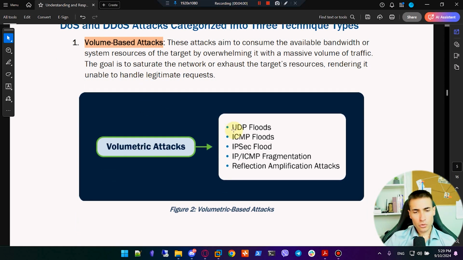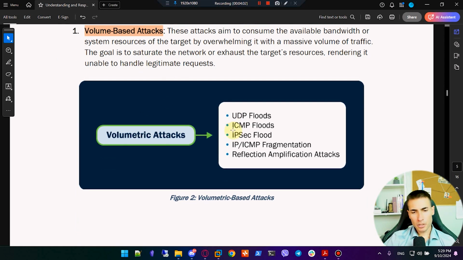I'm not going to go into a deep technical level, but I'm just going to give an example. For example, the UDP flood is where we have an attacker that is flooding a variety of UDP ports and services working on those ports with a lot of traffic that is congesting the pipe, the channel of information.